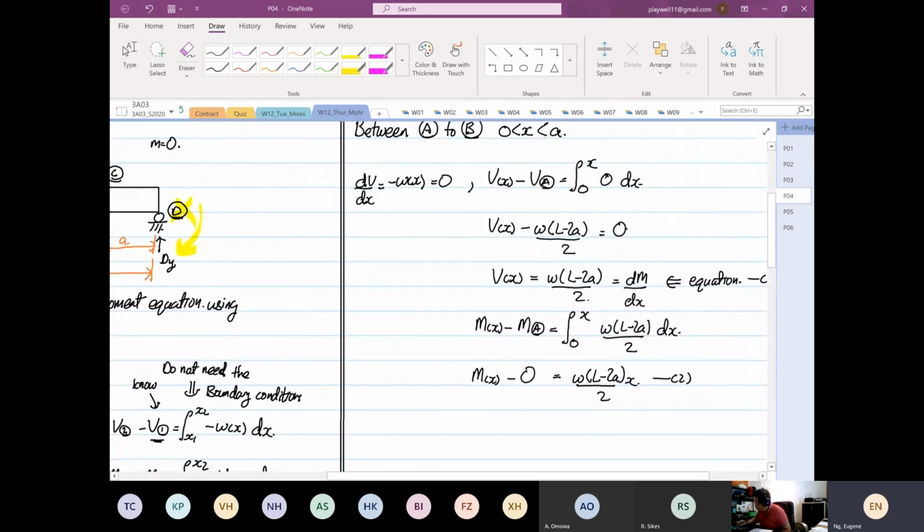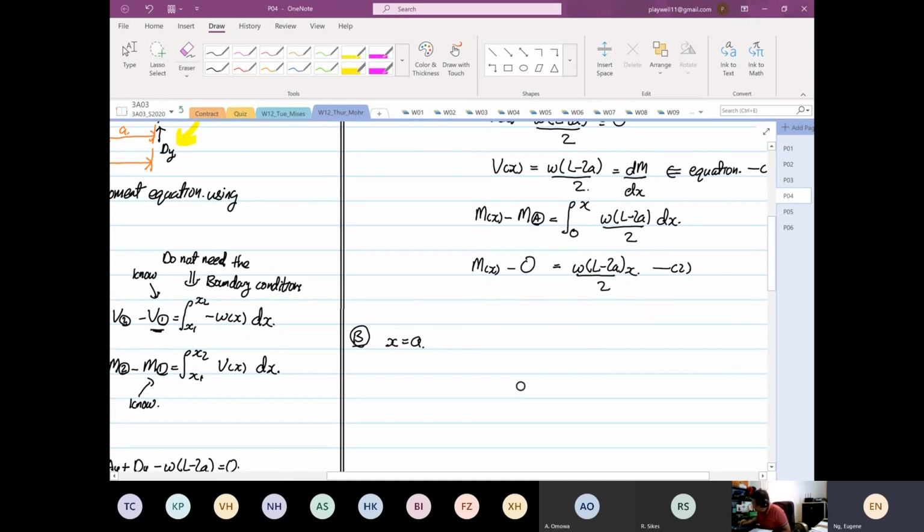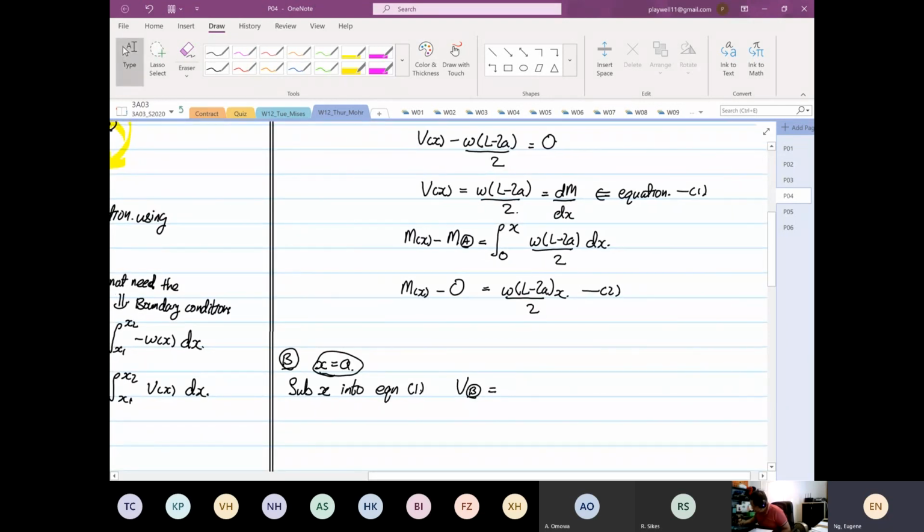Now we look at point B, when x is equal to A. All you need to do is substitute x into equation 1. Because x is equal to A now, what we are finding are constants. The shear force at point B, looking at equation number 1, is still equal to omega (L minus 2A) divided by 2.